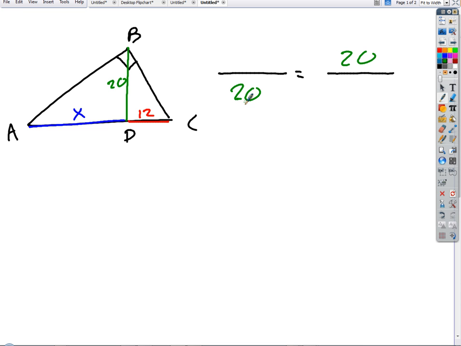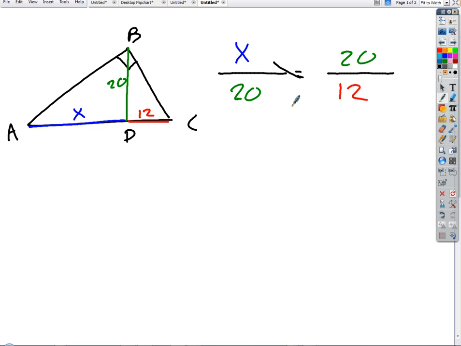They're going to be the pieces of the hypotenuse that were cut by the altitude, so the x and the 12. It doesn't matter if the x goes there and the 12 goes there or vice versa. Let's just put the x on top, and the 12 there. And then what would I do to solve for x? Cross multiply.